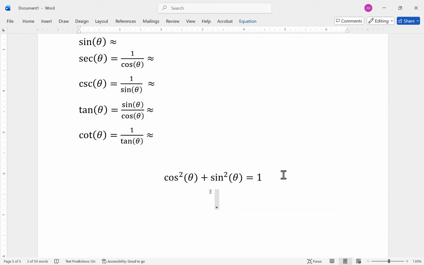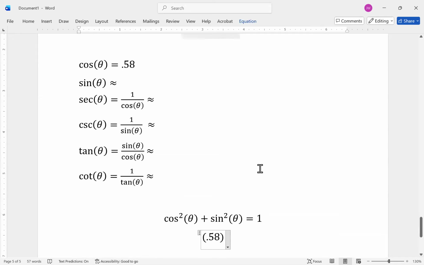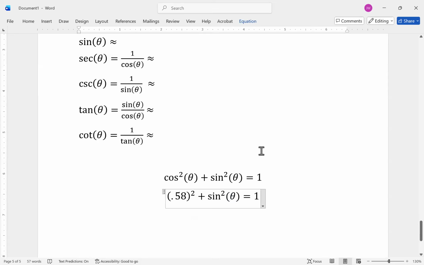If I plug in 0.58 for cosine, but I don't know what the value of sine is yet, so sine squared of theta, we'll keep that there. I can solve for sine squared.